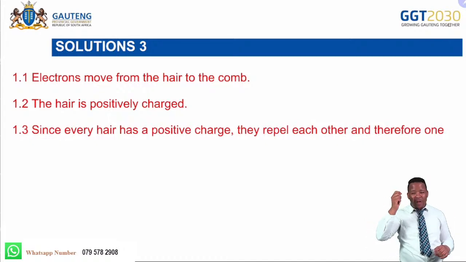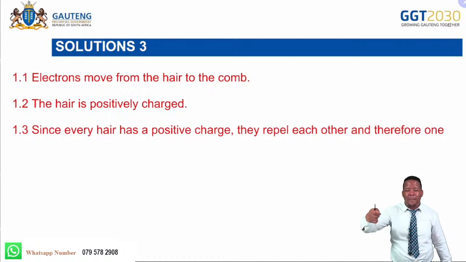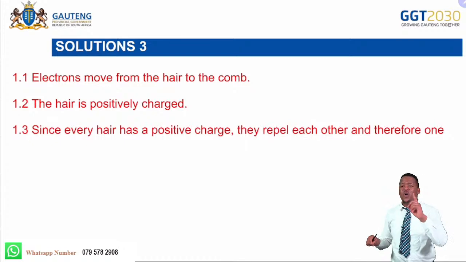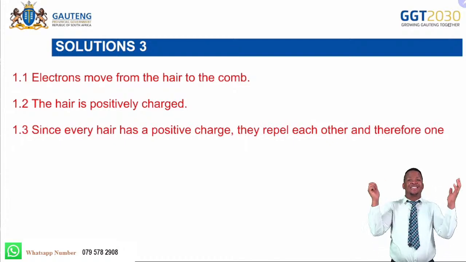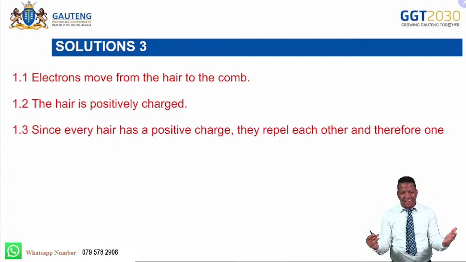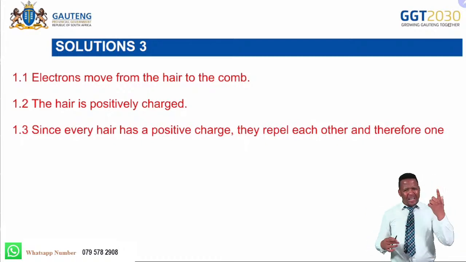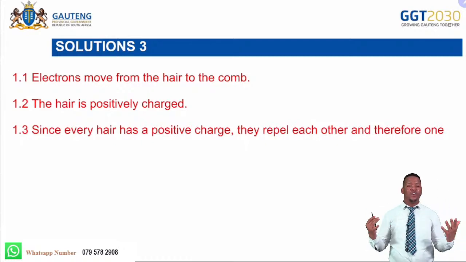And if you place that comb on top of a small piece of paper, the paper will jump towards the comb because the comb is negatively charged and the paper is positively charged, so they attract one another. So that's what we learned about electrostatic force, gravitational force, and magnetic force.